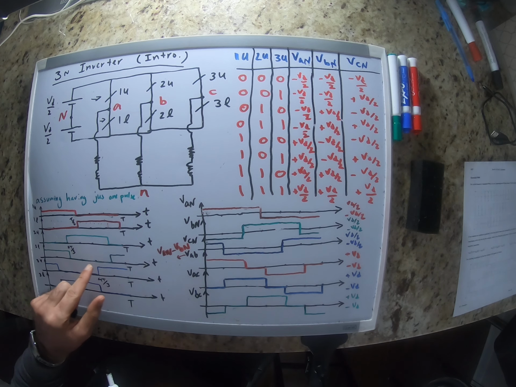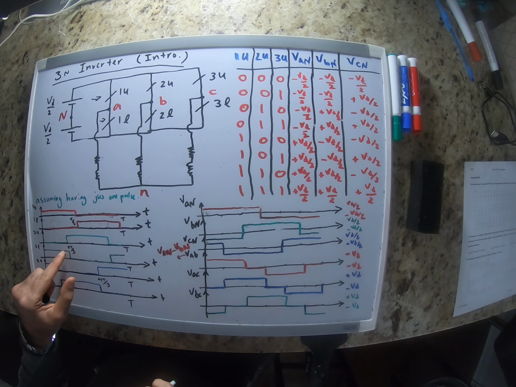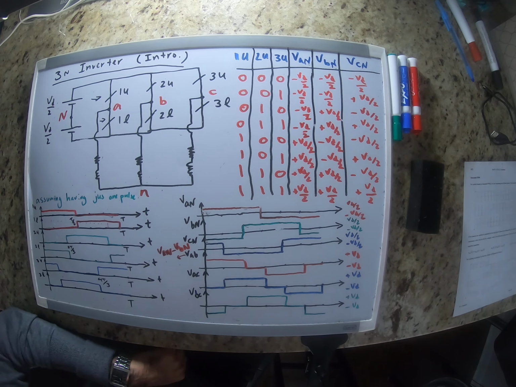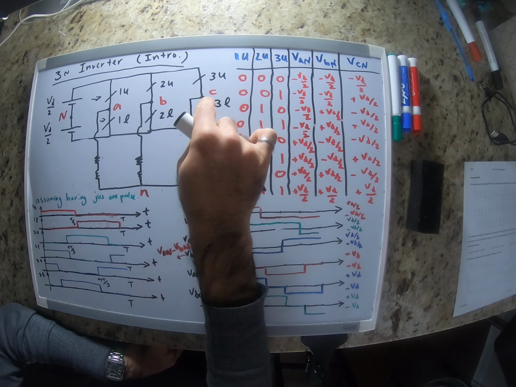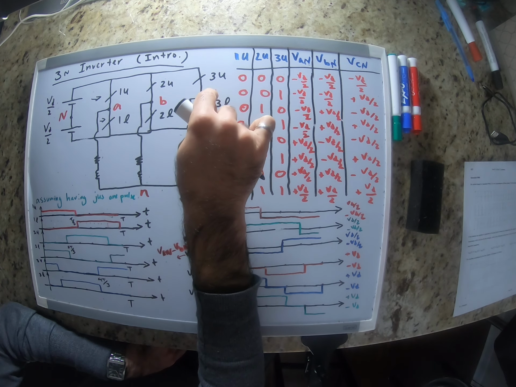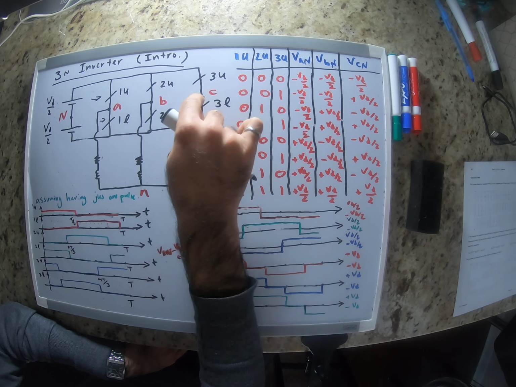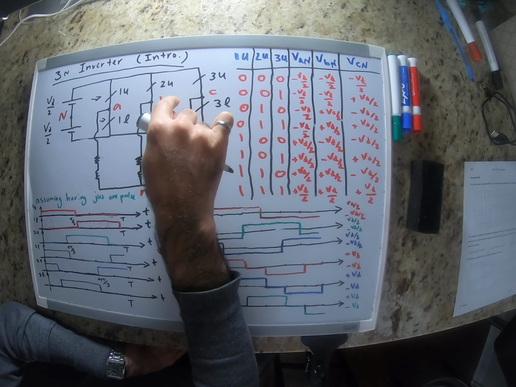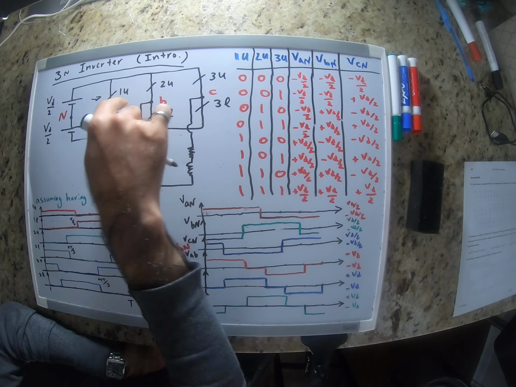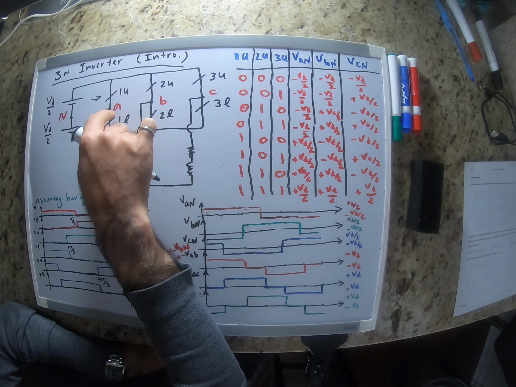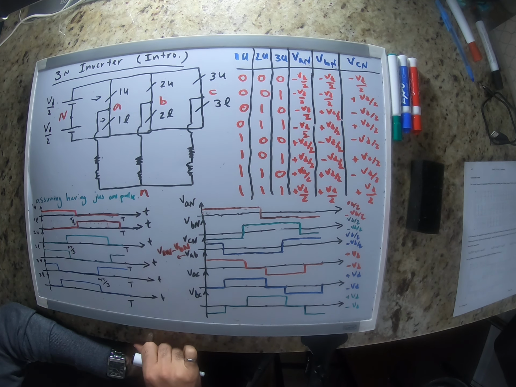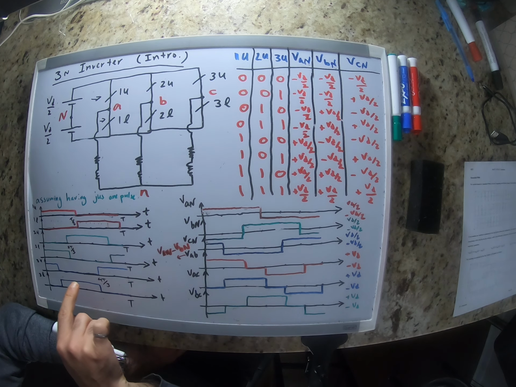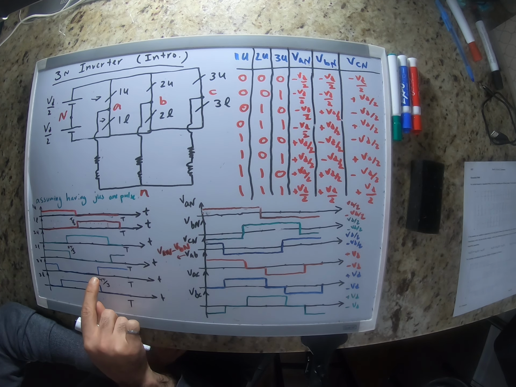And voltage of phase C would be 120 degrees phase shifted from phase B, or 240 degrees, or negative 120 degrees phase shifted from phase A. So that's what we end up with here.